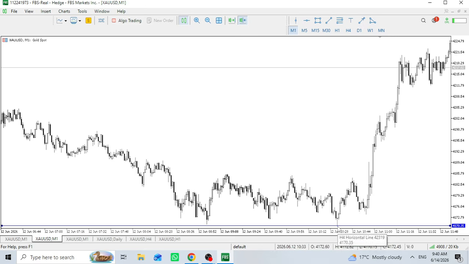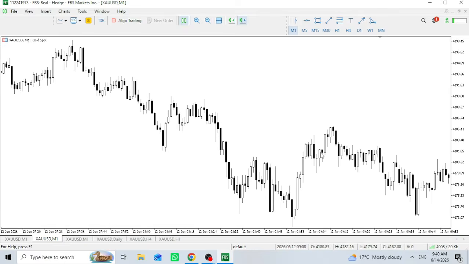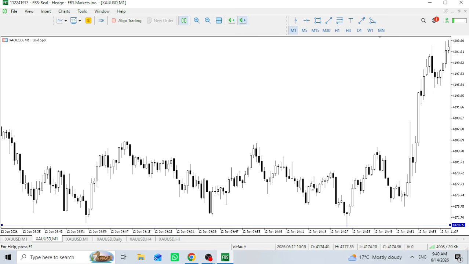You see, the last 1 minute candle of the day is a hammer. So this is the candle you should be focusing on studying. If you see it in the charts, this structure, you should be very careful with it.